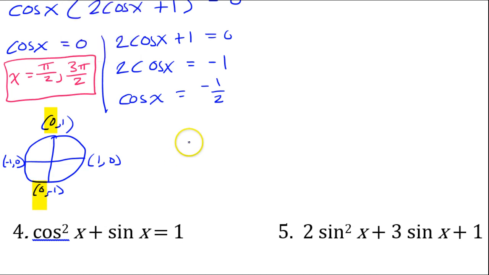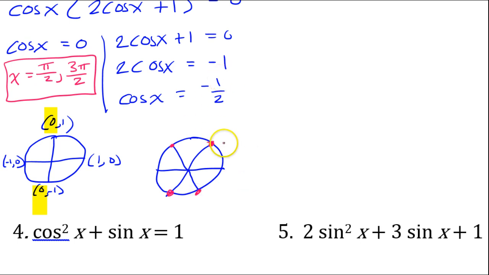So I will draw a diagram of pi over 3's now. Alright, I've divided pi into 3 pieces, so these are pi over 3. Now, all 4 of these angles have a reference angle of pi over 3. The cosine of any one of them will be some kind of 1/2.